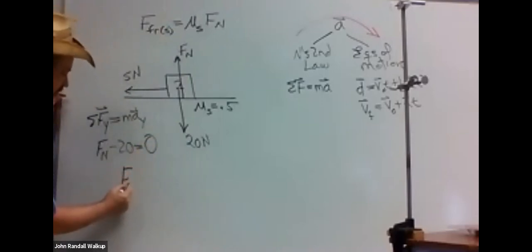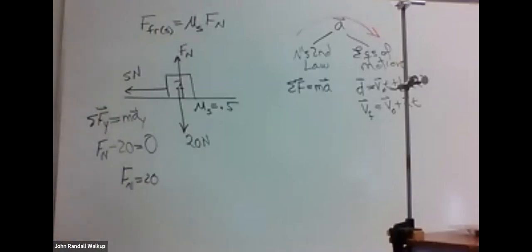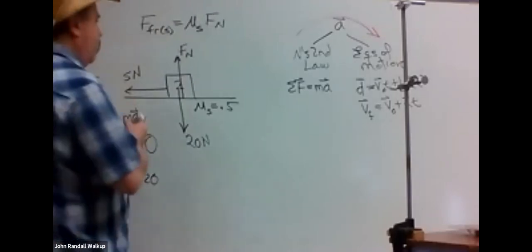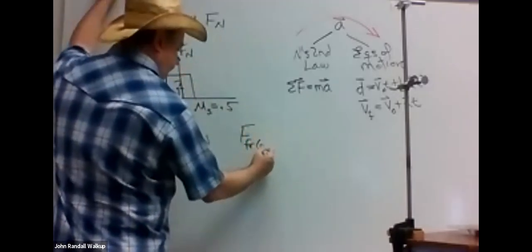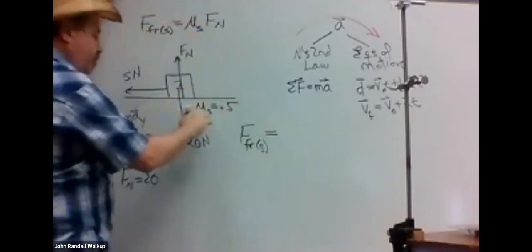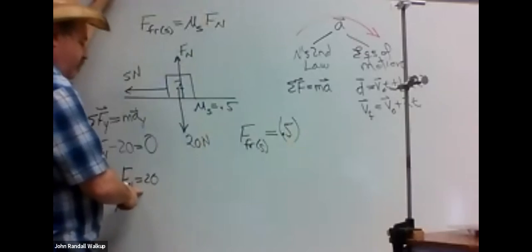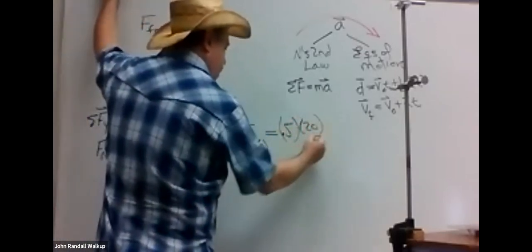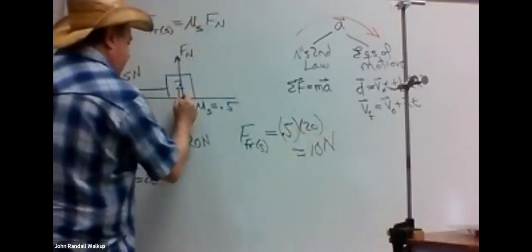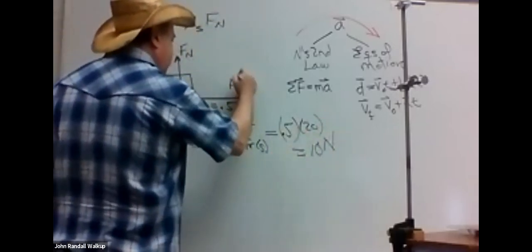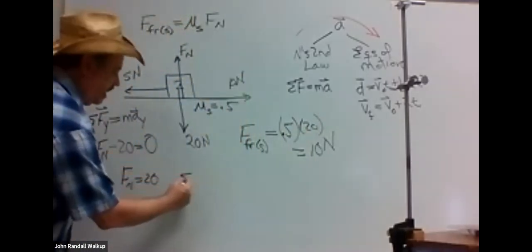And so I get the normal force is equal to 20. And so they say, oh, okay, now I know the force of friction, static case, is the coefficient, 0.5, times the normal force, which is 20, and they get 10 newtons. So they say, oh, this is 10 newtons. Then they vector sum the forces in the x direction.